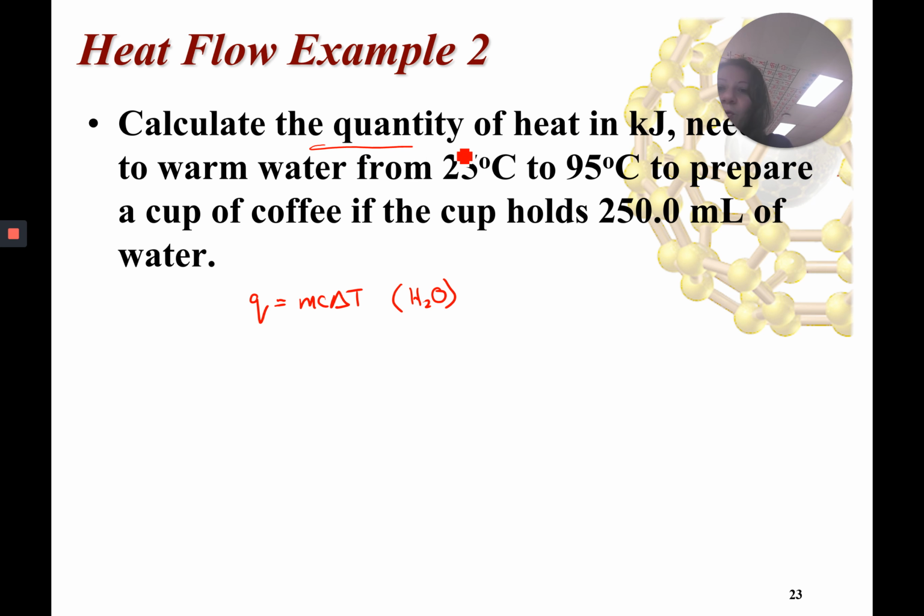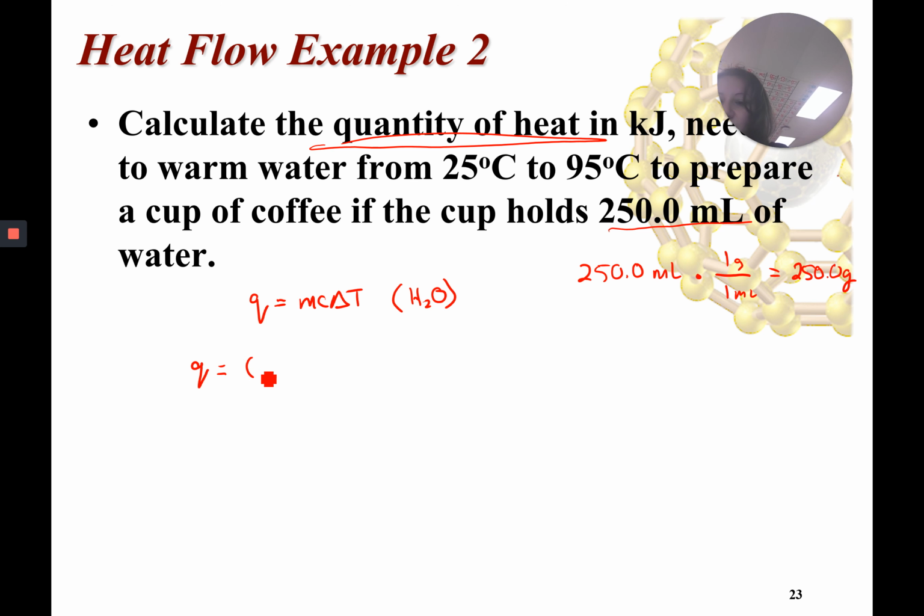So I'm looking for the quantity of heat, so I'm solving for Q again. Mass of the water, they don't give me the mass of the water, but they do give me the volume. And I know that water has a density of 1 gram per milliliter. And so this 250 milliliters are equivalent to 250 grams. So I can use that. C for water is 4.186 joules per gram Celsius.